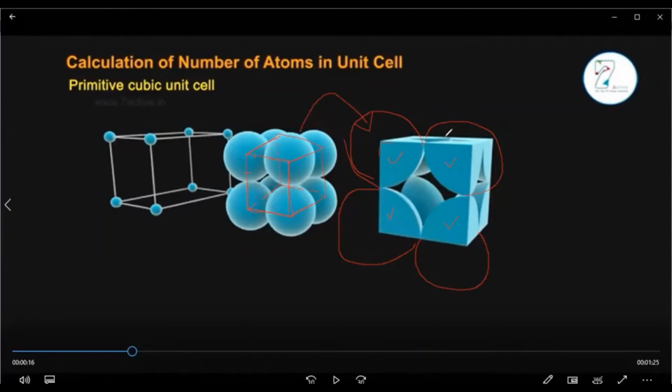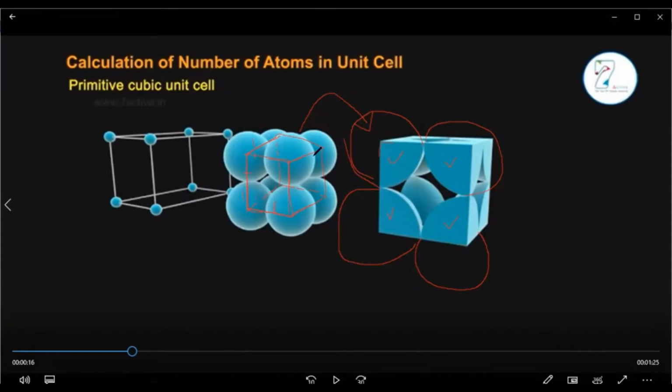So now see, if I draw this one completely, I can obtain this diagram, right? By drawing these lines, I can say in unit volume, right? So that's why I told you about the unit volume. So here unit volume means this length is 1, this width is 1, depth is 1, all right?